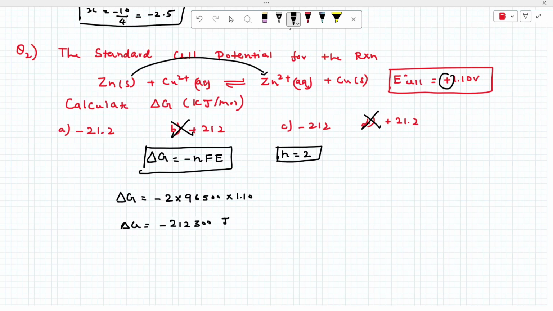This is in joule per mole, so you want to convert it to kilo by dividing by 1000. Therefore, this is in kilojoule per mole. The answer is 212.3, option C approximately. Important, please.